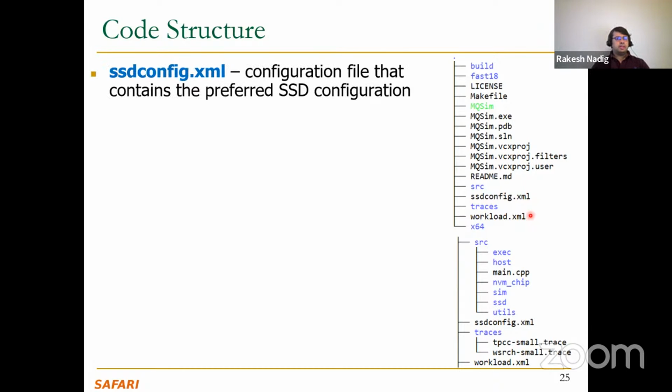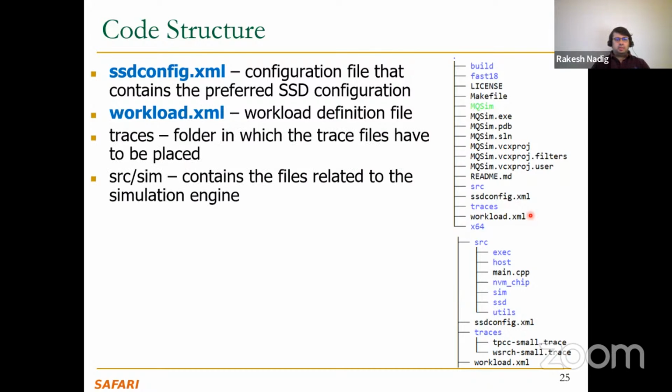SSD config.xml is a configuration file used to define the preferred SSD configuration. You can input parameters related to a TLC NAND device, or a 3D XPoint device, or a Samsung Z-NAND device in that XML. Then there is workload.xml, which defines the workload parameters, and we'll look at these two configuration files in a bit more detail in the next few slides.